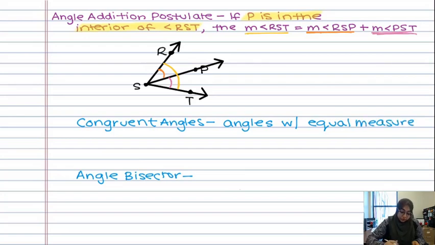So say I have two angles, angle 1 and angle 2. Why not? If angle 1 is congruent to angle 2, that means that the measure of angle 1 is equal to the measure of angle 2.